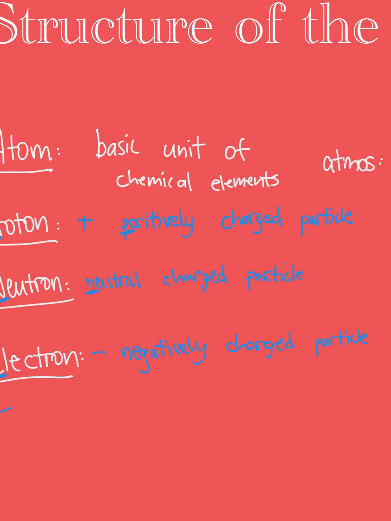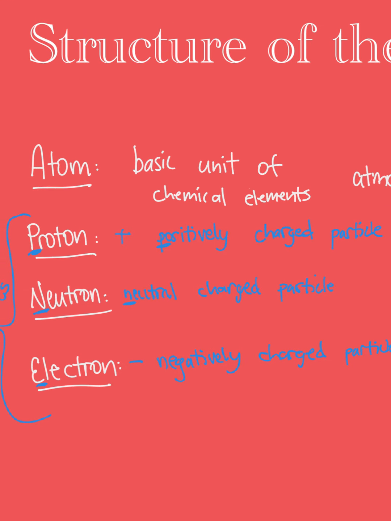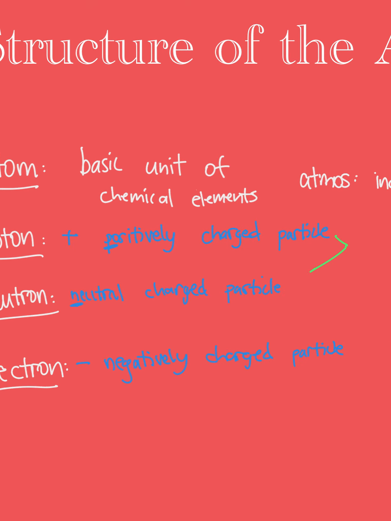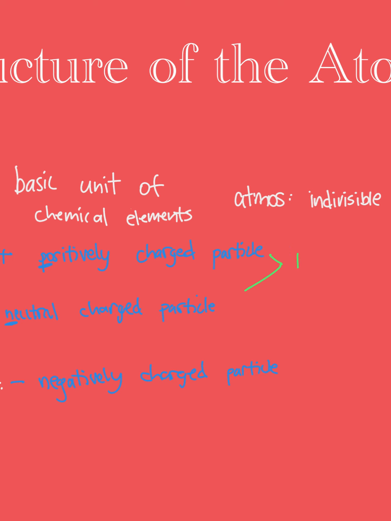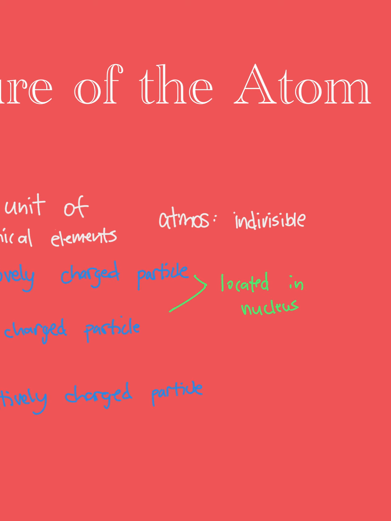And where they're located is important. The protons and neutrons, these two things together, are located in the nucleus. And the nucleus, just like in biology, the nucleus is the center of an atom. The nucleus in biology is a place where there's DNA, and is very important for a cell, usually towards the center of a cell.